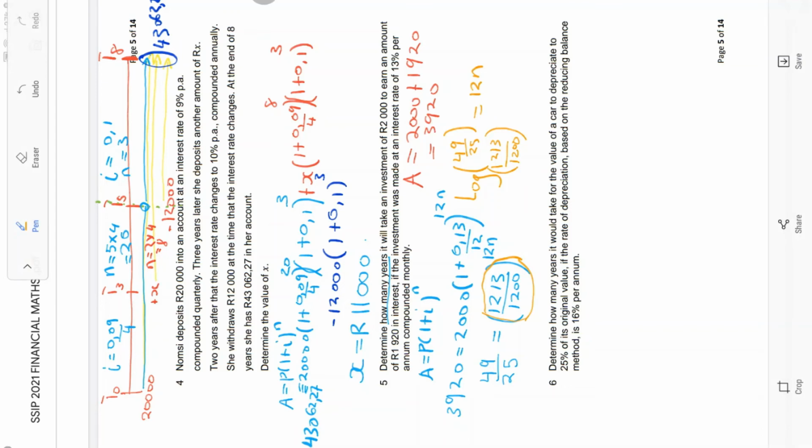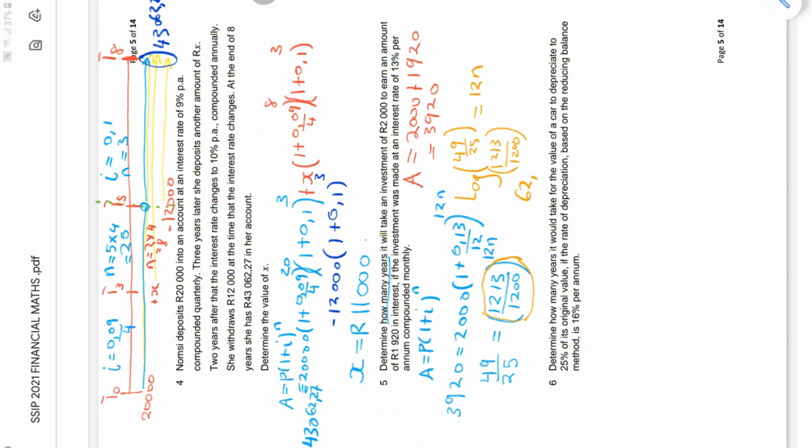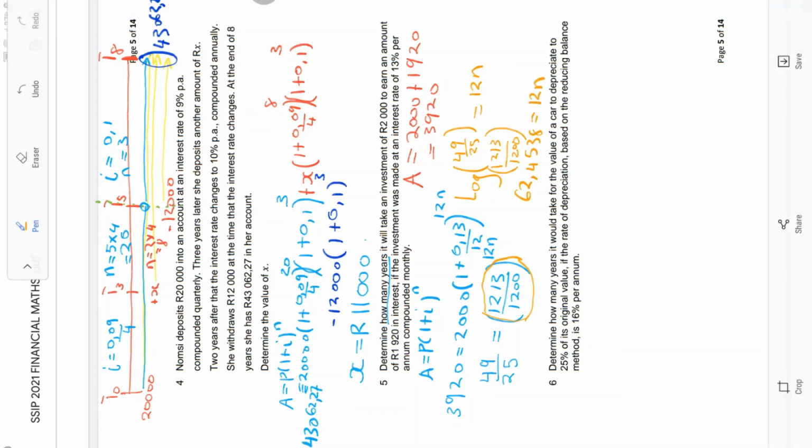So you punch that into your calculator, you end up with 62,4538 is equal to 12n. So actually now we have 62,4538 months. But the question is asking for years, meaning we need to divide our answer by 12.